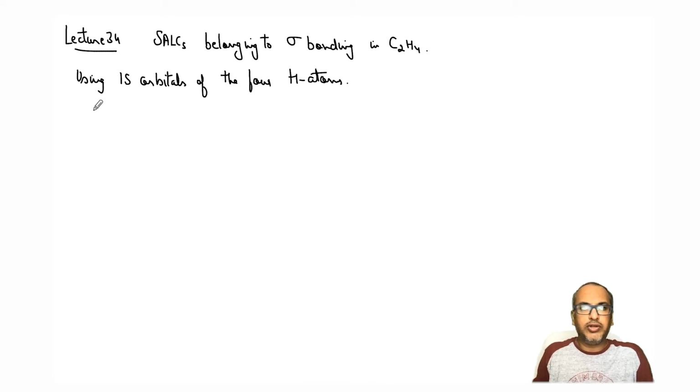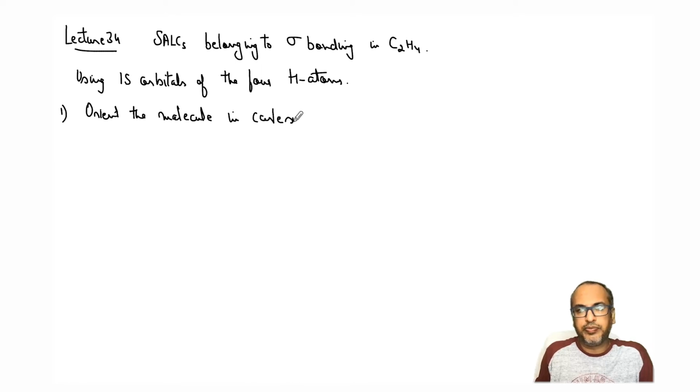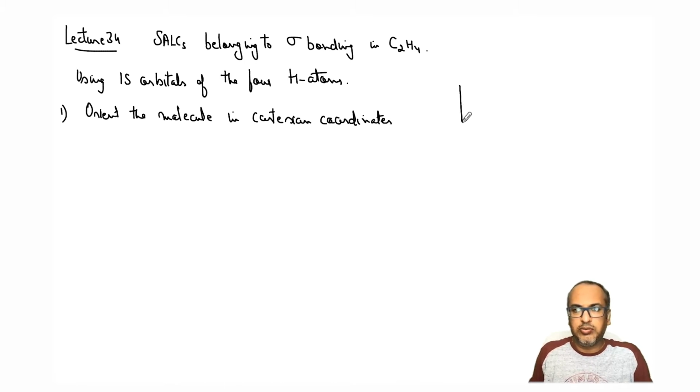First and foremost thing is to orient the molecule in Cartesian coordinate system. That way it will be easier to operate symmetry operations onto this. So this is done. Now how do we draw this?